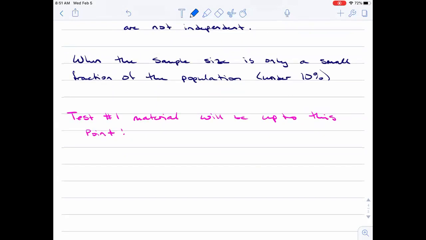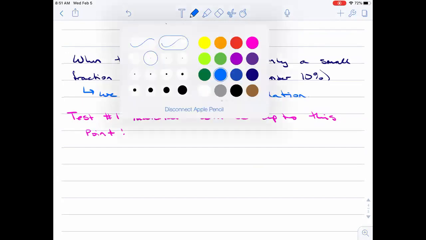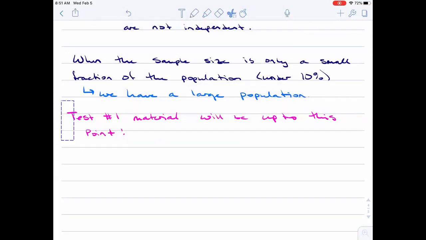What are we saying here? If we've got a sample and we're able to draw just a reasonable sample size, but it's less than 10% of the population, basically what we're saying is that we've got a large population that we're dealing with.